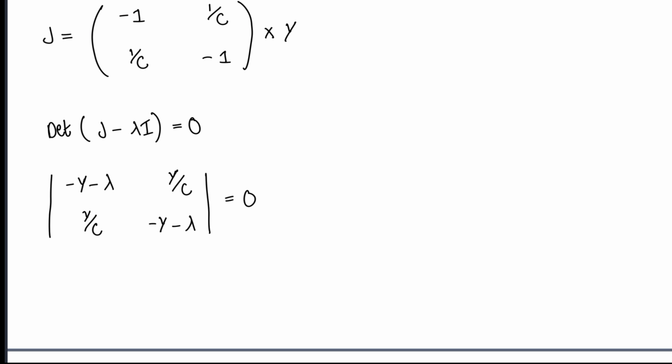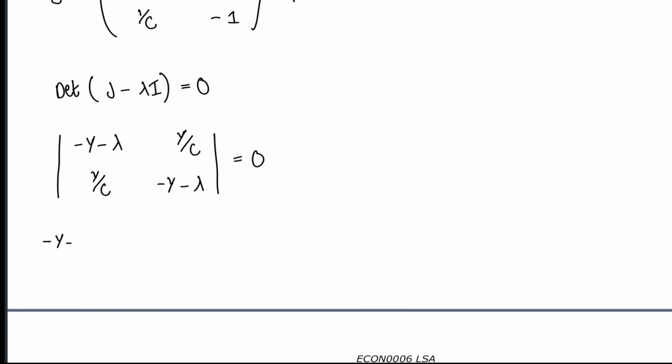If we now work out the determinant, we have minus gamma minus lambda multiplied by minus gamma minus lambda, minus these two multiplied, which will be gamma squared over c squared, is equal to 0.